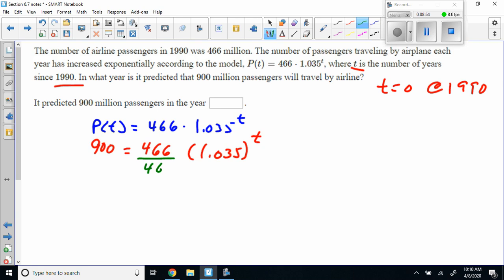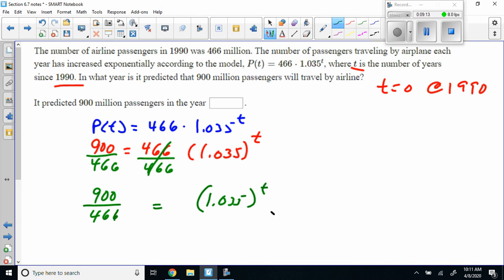It's not an exponential with an E, but we're still going to do the same thing. We bring this over, cancel, and that leaves 900 over 46 equals 1.035 raised to the T. And boy, I could write that a lot better. So let me write that a lot better.